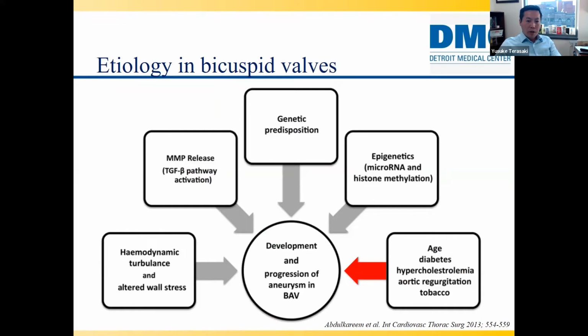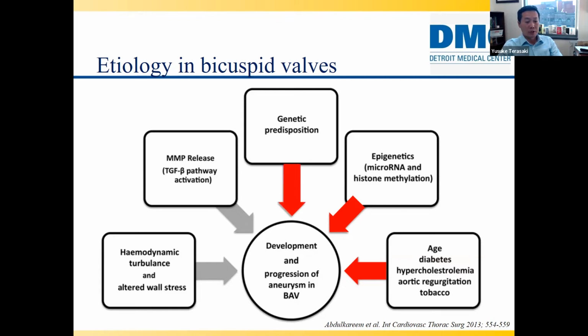One, as we talked about, a lot of cardiac disease is caused by increase in age, comorbidities such as diabetes, cholesterol. If you have aortic regurgitation at baseline, if you're a smoker, these can lead to aneurysms. You can have some epigenetics like microRNA and histone methylation that can lead to bicuspids.